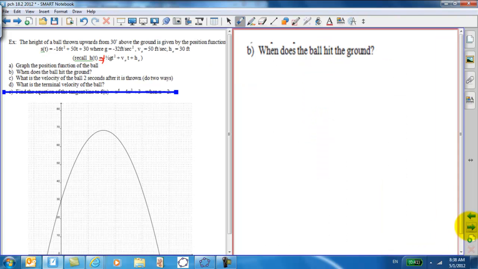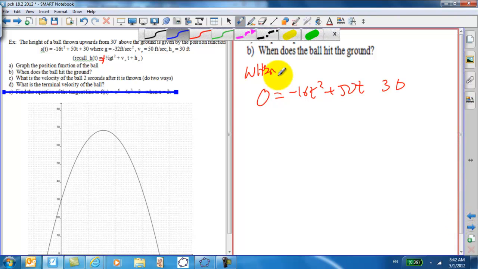Now, when does the ball hit the ground? The question is, when is the height, s of t, equal to 0? So we set 0 equal to negative 16t squared plus 50t plus 30, or, dividing through by negative 2, 0 equals 8t squared minus 25t minus 15.